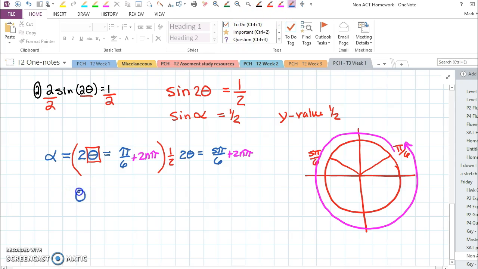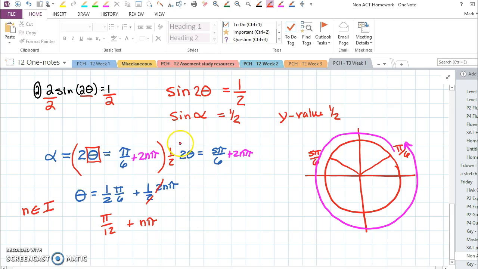So we're looking at theta equals 1/2 of pi over 6 plus 1/2 of 2n pi, or pi over 12. 2's will cancel. N pi, again, where n is contained in all of the integers.